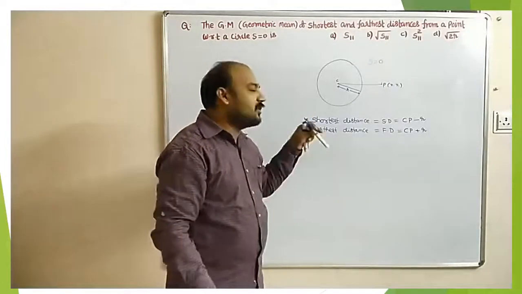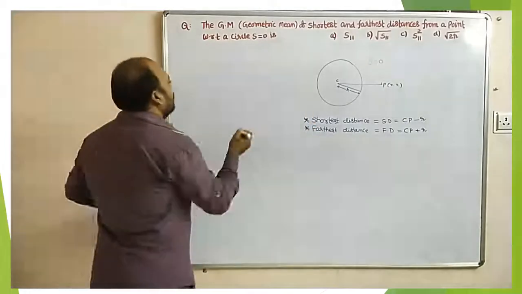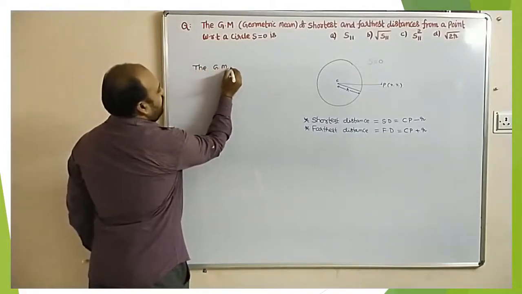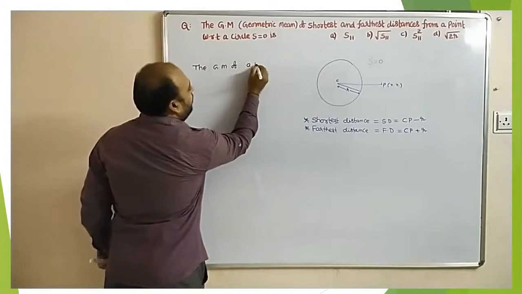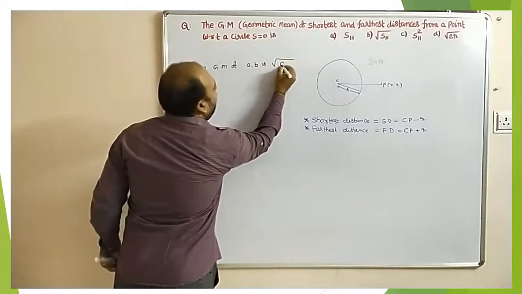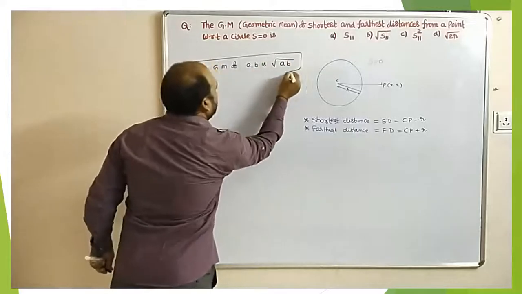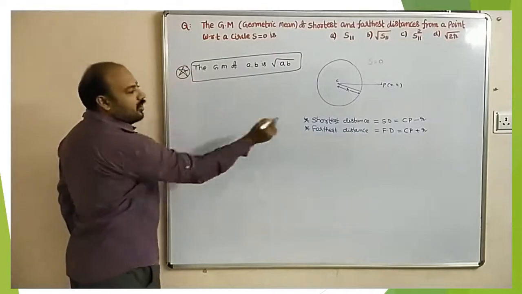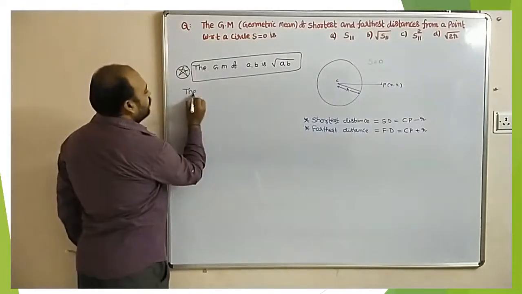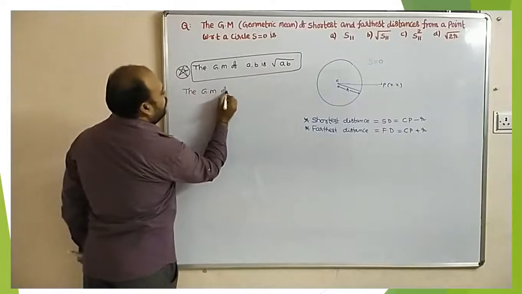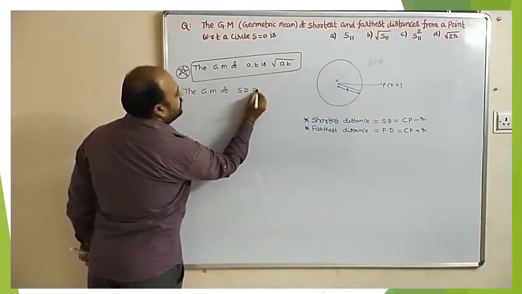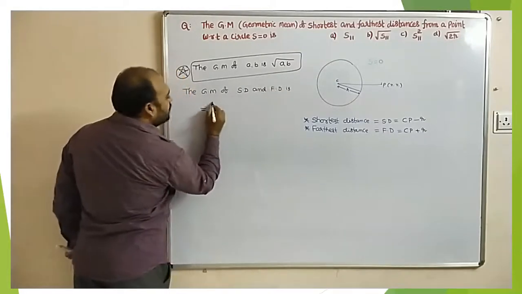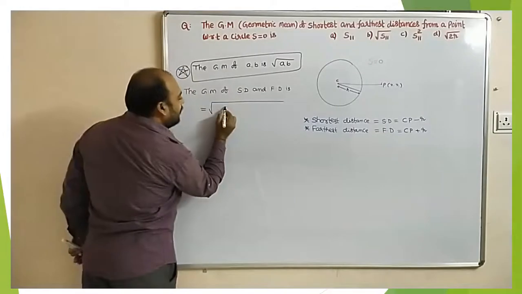In the same way, the geometrical mean of shortest distance and farthest distance, SD and FD, is equal to the square root of SD into FD.